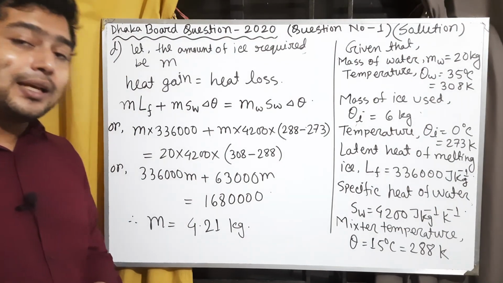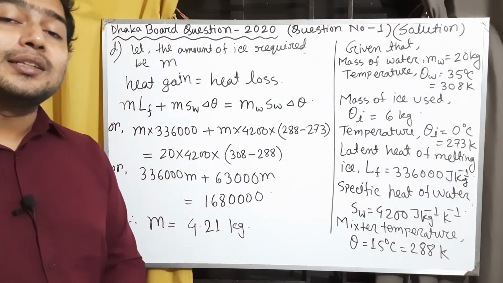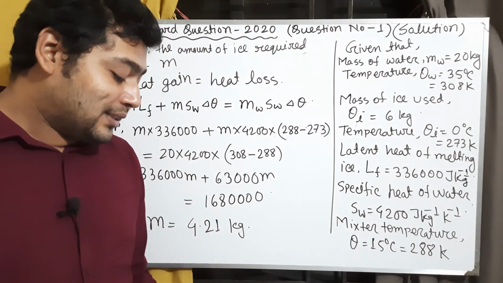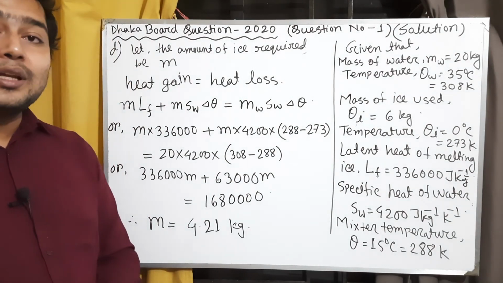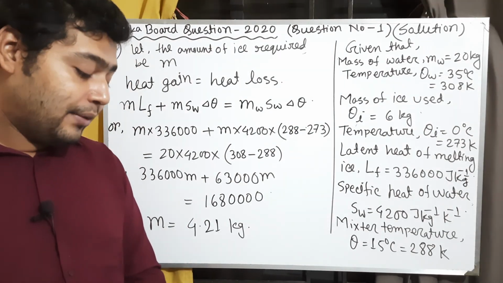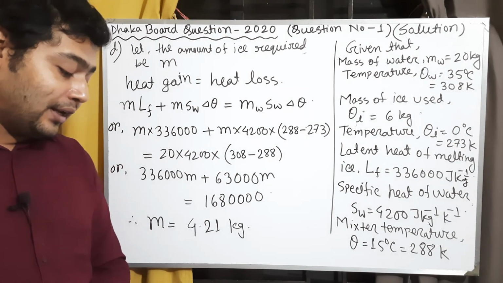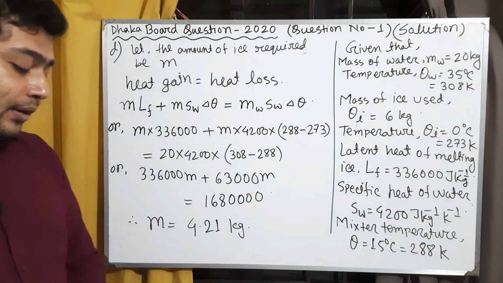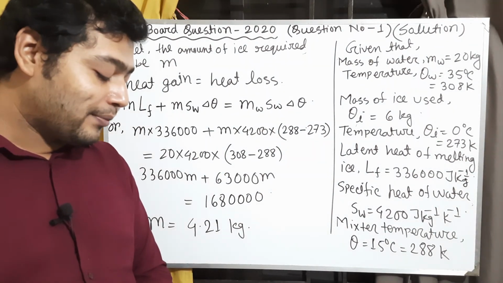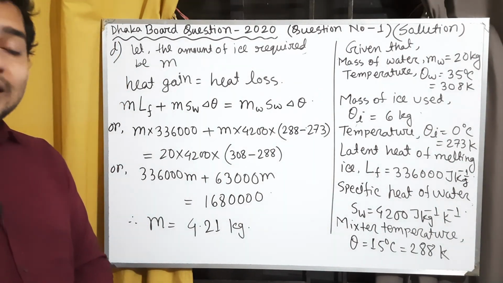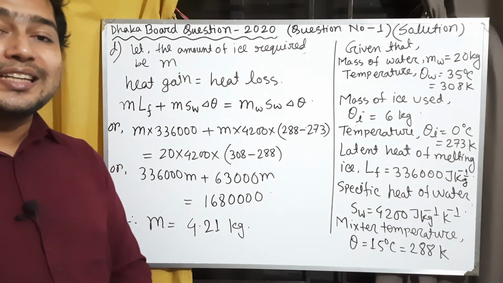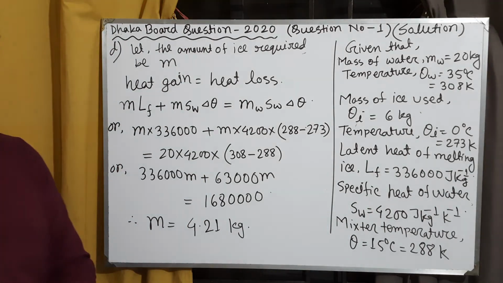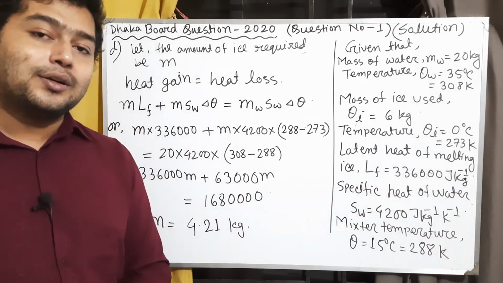According to this analysis, 6 kg of ice will not fully melt when making the beverage, where the mixture temperature is fixed at 15 degrees Celsius.